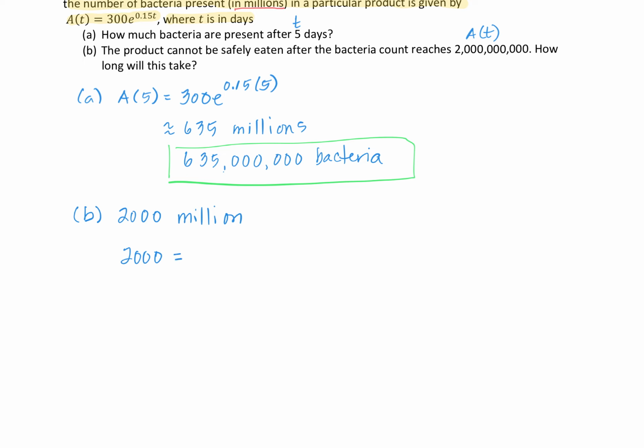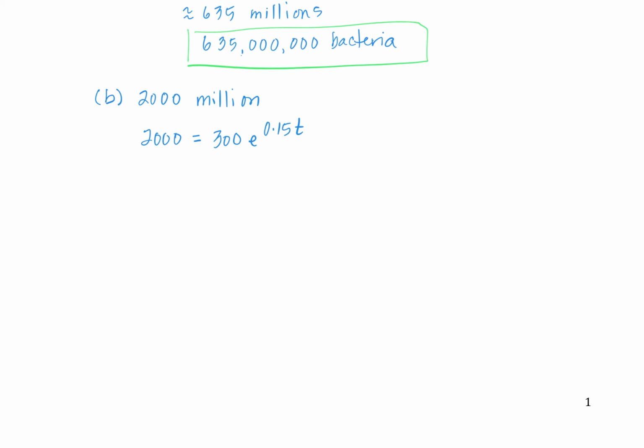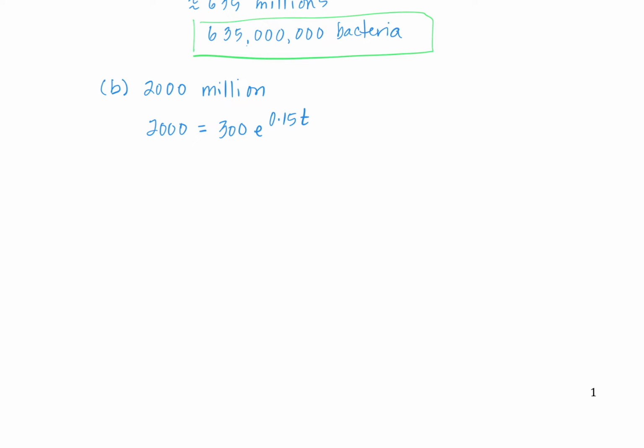So we're going to replace A of t in the formula with 2,000. That should be equal to 300 e to the 0.15t. So since we're trying to find when, we're trying to find time.